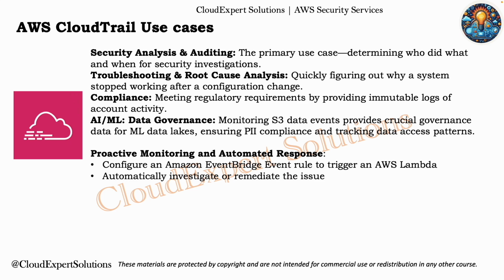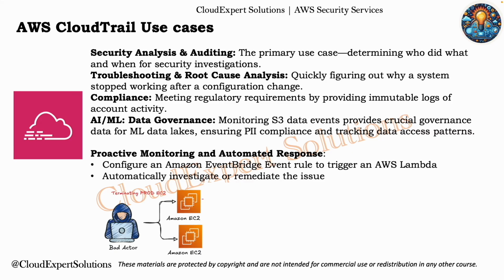A common example of proactive remediation using a CloudTrail insight event is automatically quarantining an IAM user or role when unusual activity happens. Now let's assume one of our IAM user roles got compromised and a bad actor is terminating the production EC2 instances.